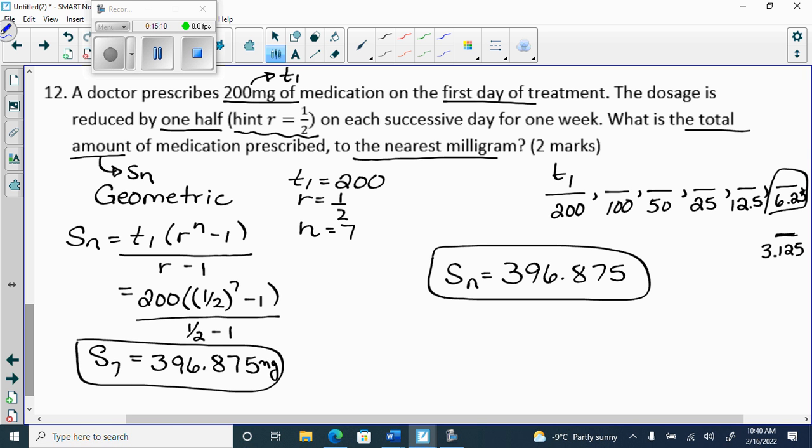Should have a unit on there, milligrams. Yep.